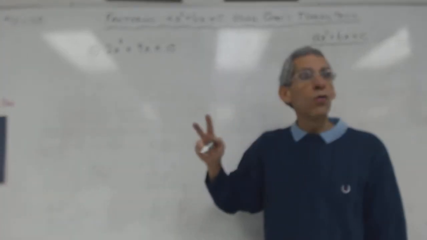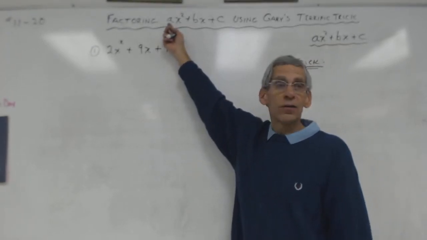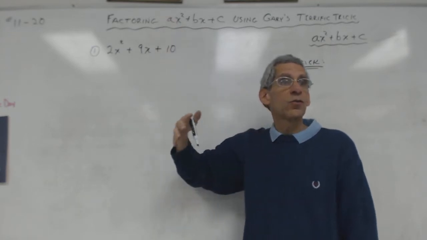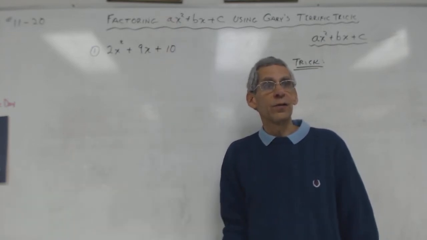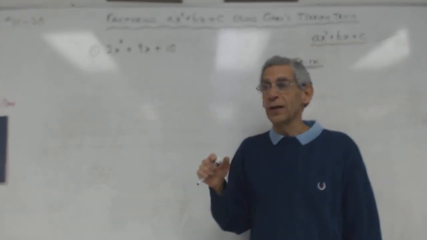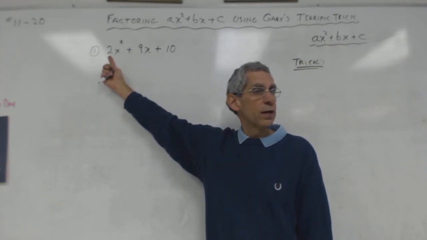We know they're really easy to factor when a is equal to 1, when it's just x squared plus something. That's easy. We just immediately do our parentheses. Now these are a little harder because of the a not being a 1.